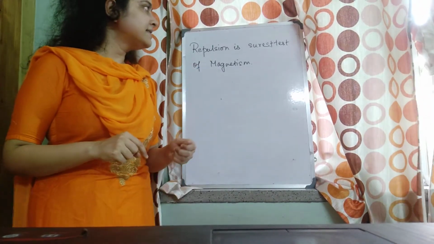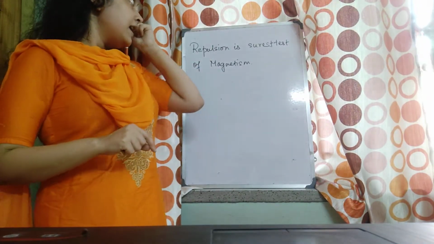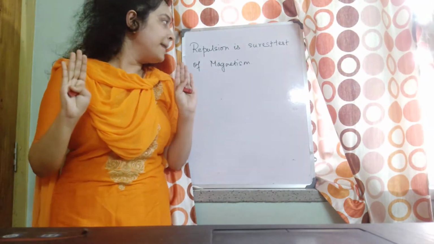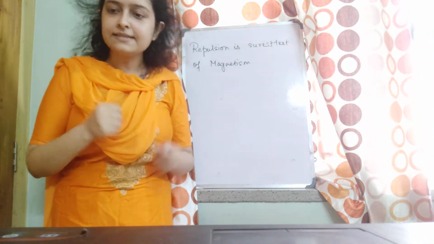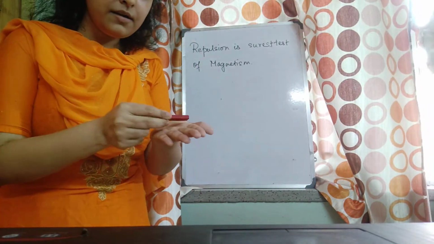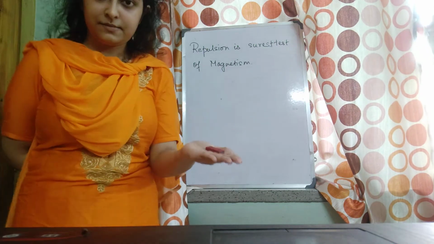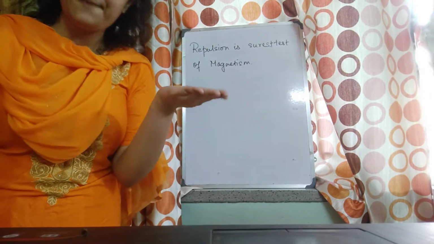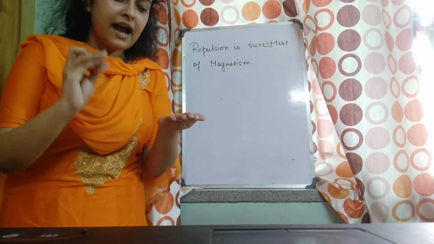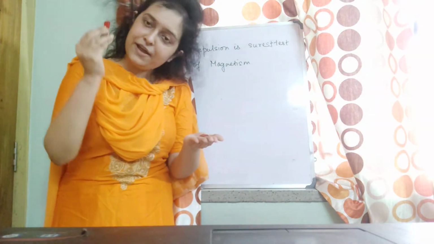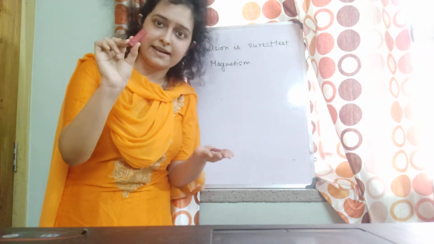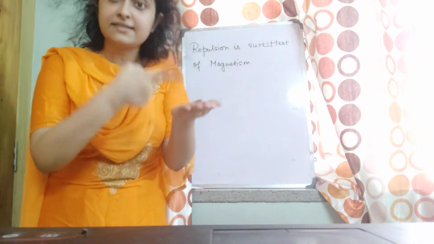Now next is, repulsion is the surest test for magnetism. Suppose I am given a metallic piece and I want to know whether this is a magnet or not. How will I know? Suppose I know that this is a magnet, and I don't know whether this other one is a magnet or not.